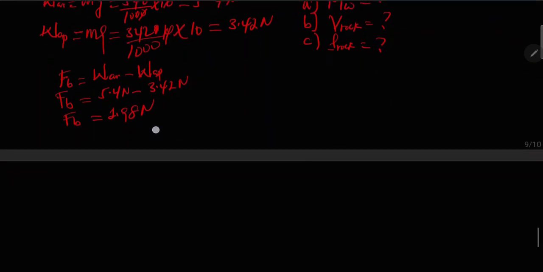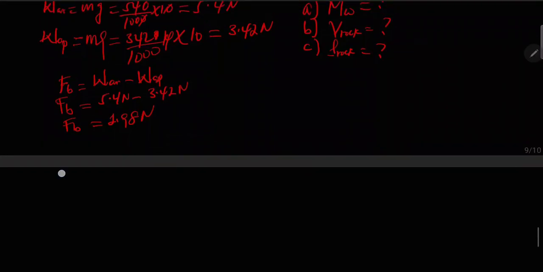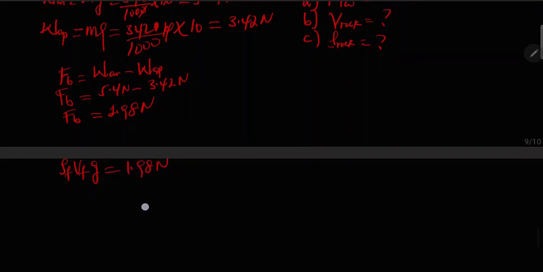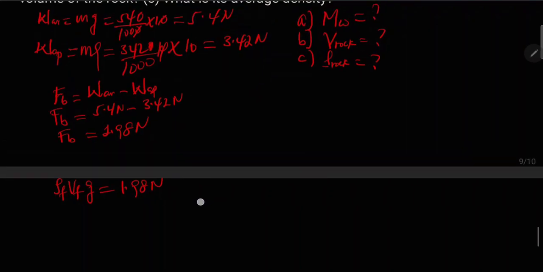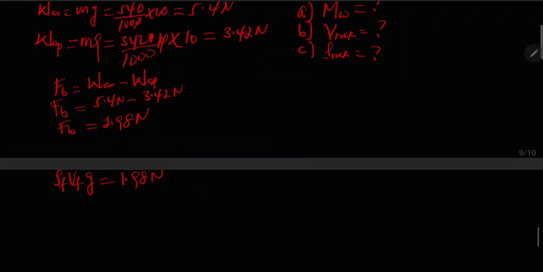1.98 Newton ከምን ጋር እኮ ነው? Density of the fluid, volume of the fluid times g is equals to 1.98 Newton. Or density of the fluid times volume of the fluid ማለት mass of displaced fluid ማለት ነው times g equals to 1.98 Newton. Then mass of displaced fluid is equals to, by dividing both sides by g, over g.